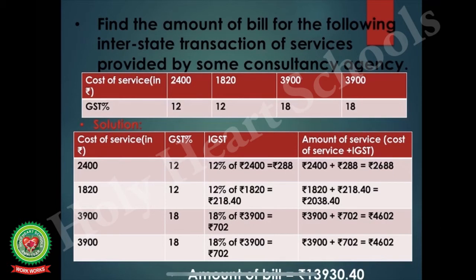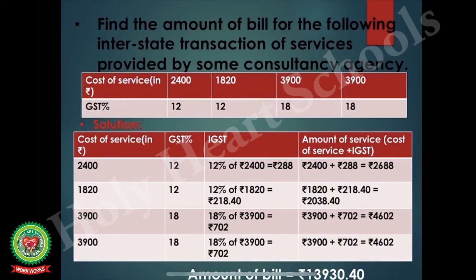Now the cost of the fourth service is also rupees 3,900 and the rate of GST is also 18%. So all the workings will be the same. That is, the IGST will come out to be rupees 702. The amount of service will come out to be rupees 4,602.